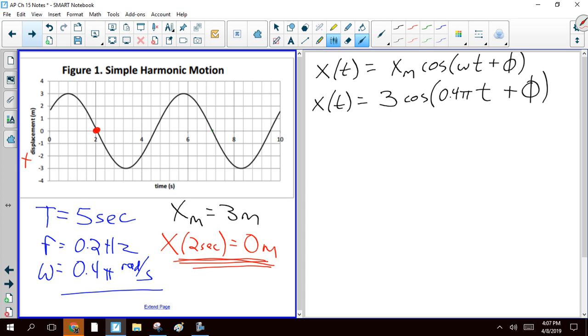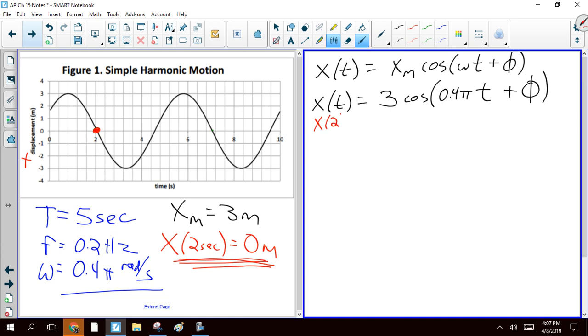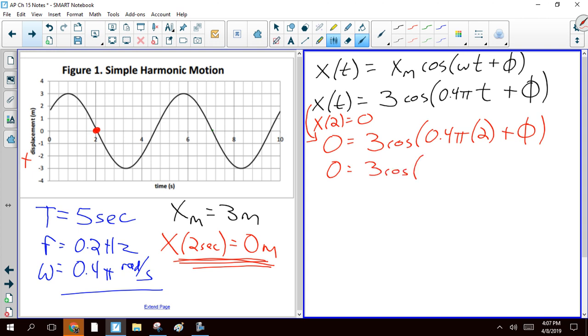So x of 2 equals 0 means that 0 equals 3 times the cosine of 0.4 pi times 2 plus phi, right? So that's the same as 0 equals 3 cosine 0.8 pi plus phi.